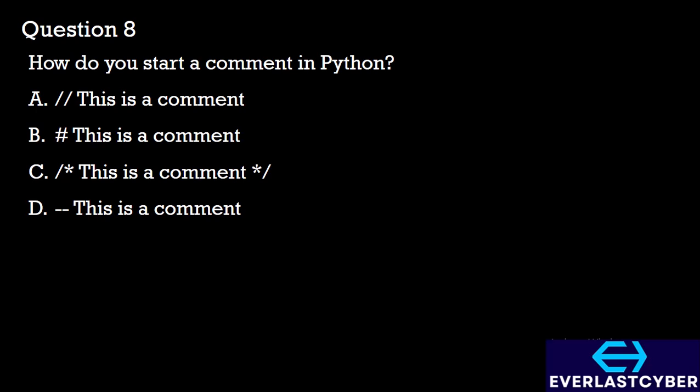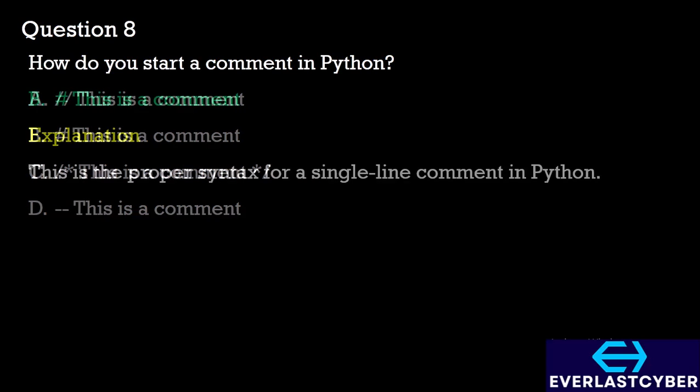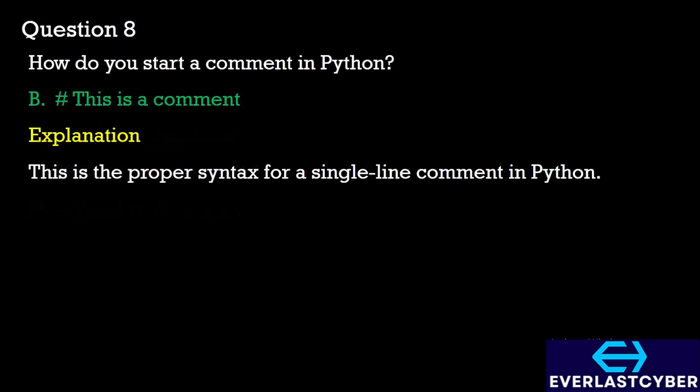In option C, the syntax we have there is used for multi-line comments in C, C++, Java, and JavaScript, but it is not used for Python. And in option D, this syntax is used for comments in SQL, but not in Python. So our answer is option B. The hashtag is the proper syntax for single line comments in Python.